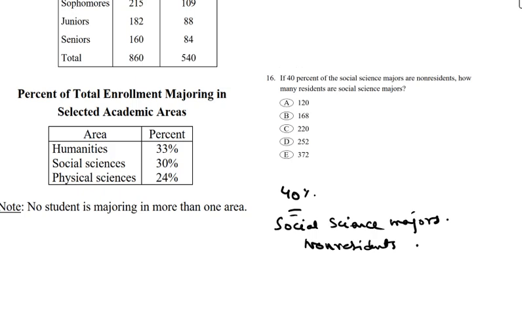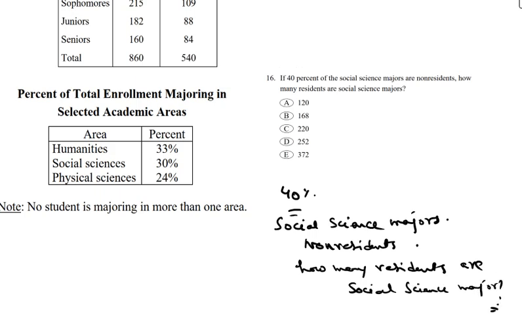Then how many residents are social science majors? Right? So this is a layered percentage problem.